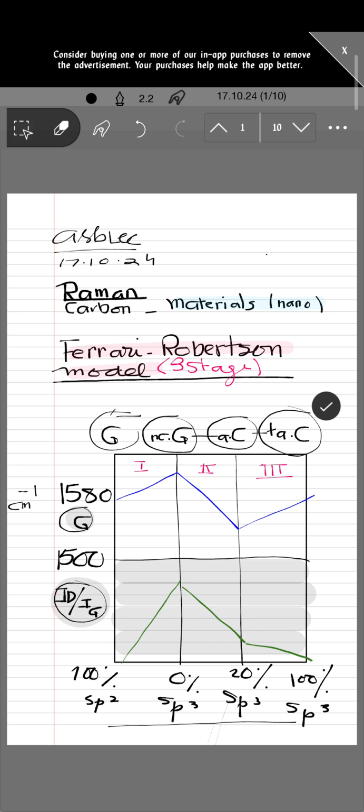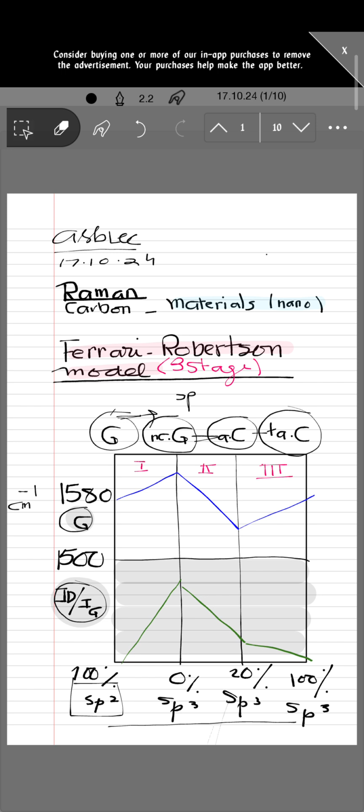Now in graphite, 100% graphite, the hybridization is sp2, but as we move from graphite to nanocrystalline and further to amorphous carbon, sp3 hybridization and even sometimes sp hybridization takes place in the overall structure.